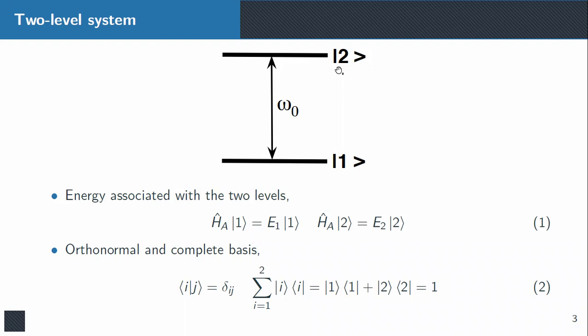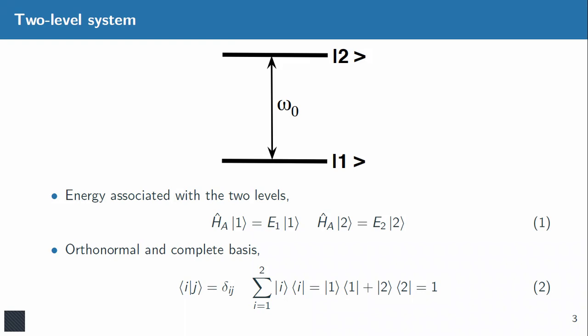So we could make use of the stationary Schrödinger equation and write the eigenvalue problem as in equation 1. So we have a Hamiltonian of the atom acting on the respective ket vectors and giving us the eigenvalues, which are the energies of these respective eigenstates or energy levels.